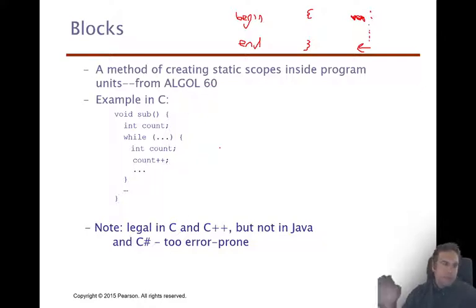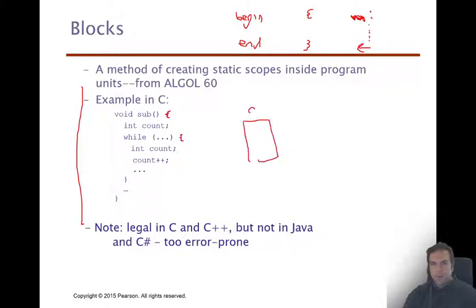and those blocks tend to define their own static scope. So here, we create one scope with this curly brace, and another nested scope with that curly brace. And then of course the file itself is a global scope, right? So for this piece of code, you have your global scope, and we have no idea what's in it. Inside of that global scope, we have a scope for the subprogram.